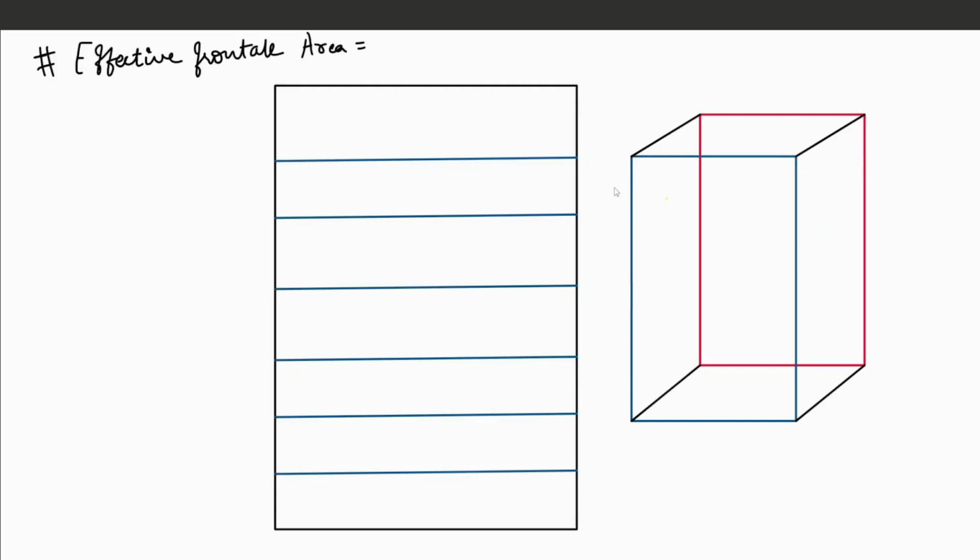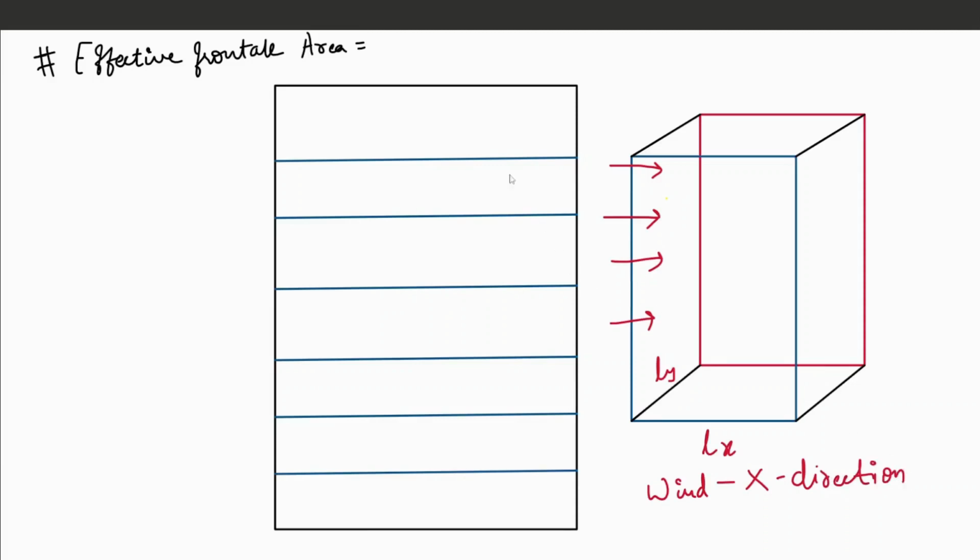So the effective frontal area is nothing but, let's consider the wind direction is the x direction. So this dimension will be your Ly, and this will be your Lx. So wind is in the x direction.